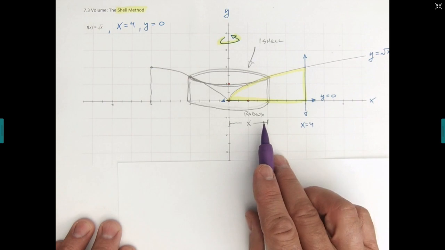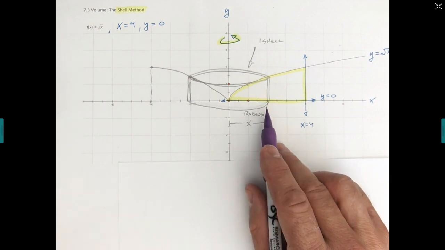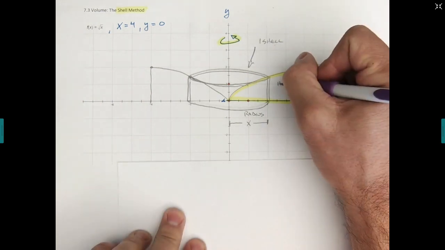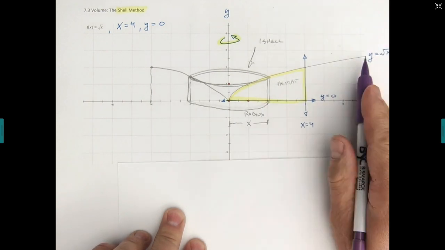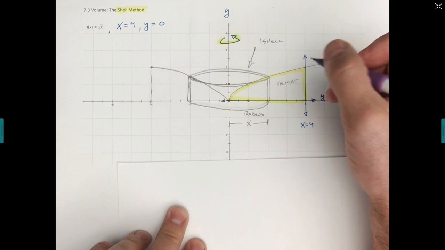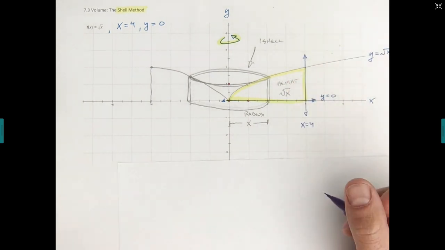You think of this as the hub. So here x defines the radius. The specific example I drew is when x equals 2. The height of this shell is defined by the function. So we can see the radius is defined by x and the height is defined by the function, which in this example is the square root of x.